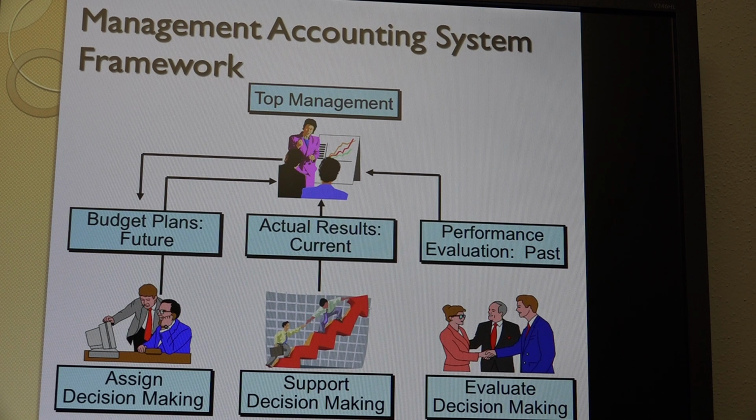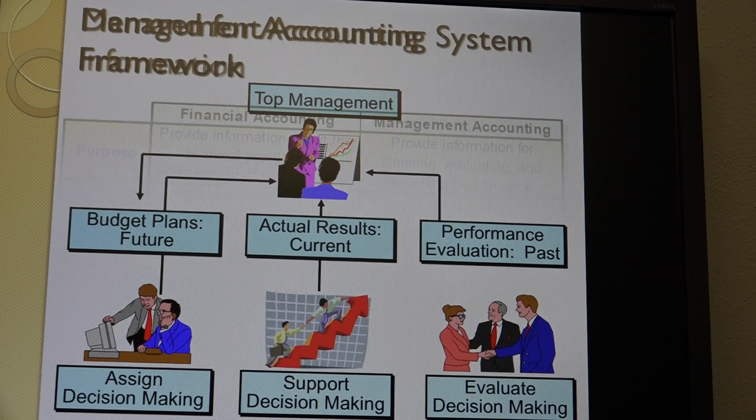And of course, at the end of the period, you get the final results of budget versus actual results, and they can be either favorable or unfavorable, so the people above the managers can evaluate their effectiveness.